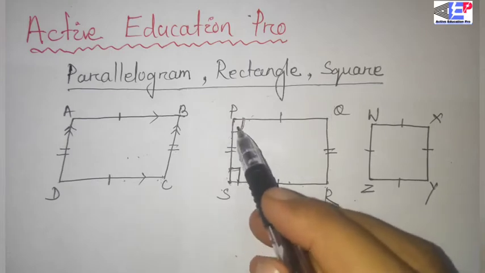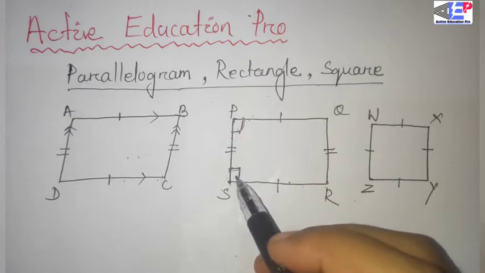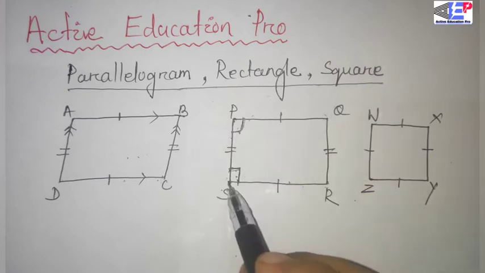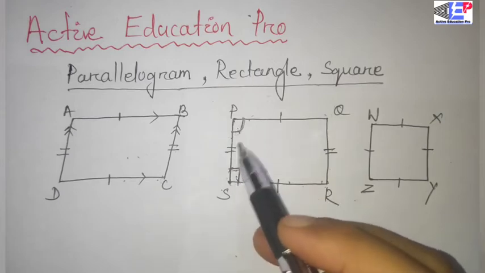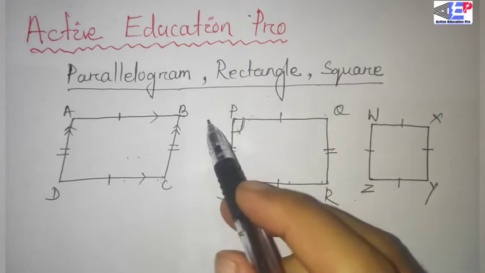So if you add angle P and angle S, the sum will be 180 degrees, which proves that PQ is parallel to RS, because P and S are the one-sided interior angles of parallel lines.